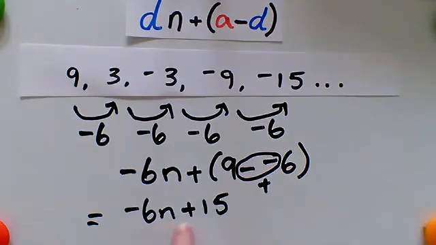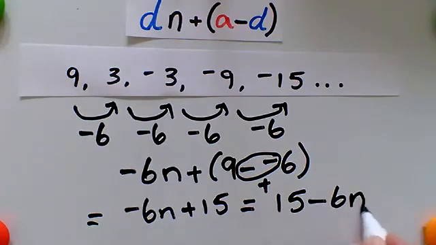Now, you might also see this type of sequence formatted slightly differently. Rather than having the negative at the start, an equivalent way of saying this sequence would be 15 minus 6n. But both of these mean the same thing. Let's just double check. Minus 6 plus 15, that's going to get me to 9.